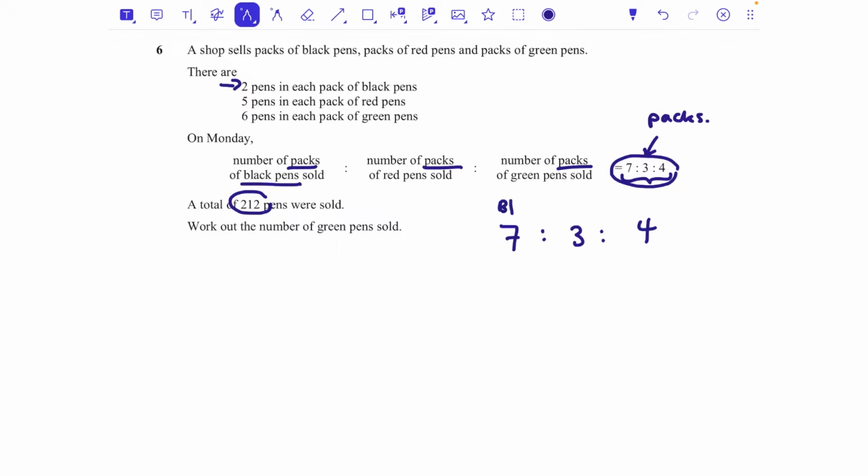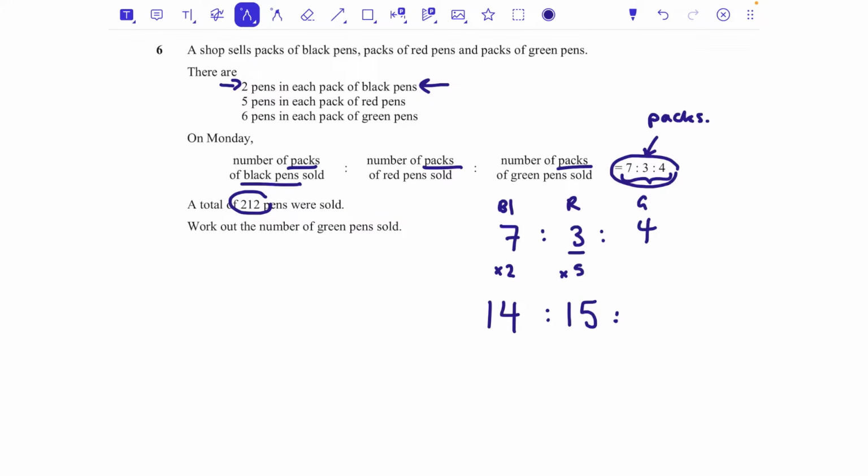This is the black pens, this is the red pens, this is the green pens. And because the black pens come in packs of 2, if there were 7 packets sold, that would be the same as 14 pens. So I'm going to times that by 2 because there are only 2 pens in the black packets. For red, I know that every time we sell a pack, we've got to times that by 5 to get the number of pens. So that would be 15.